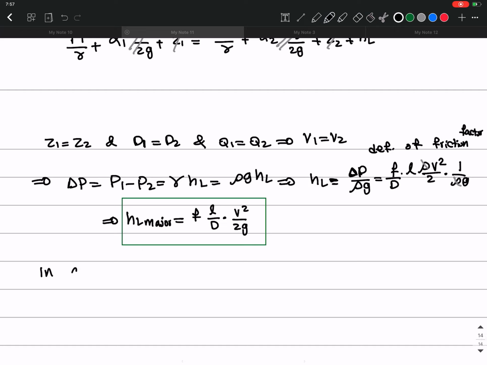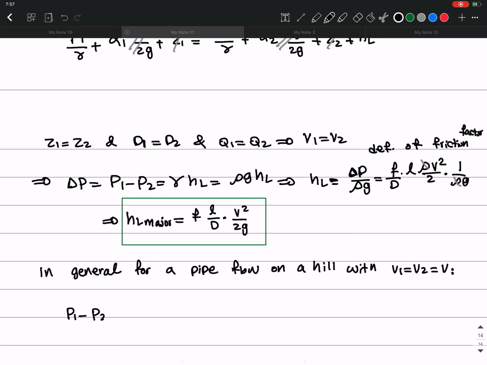So in general, for a pipe flow on a hill with V1 equals V2 equals V, we can write the pressure drop is going to be rho g times Z2 minus Z1 plus rho g times hL, which is the major loss, which equals, if I factor rho g again, Z2 minus Z1.